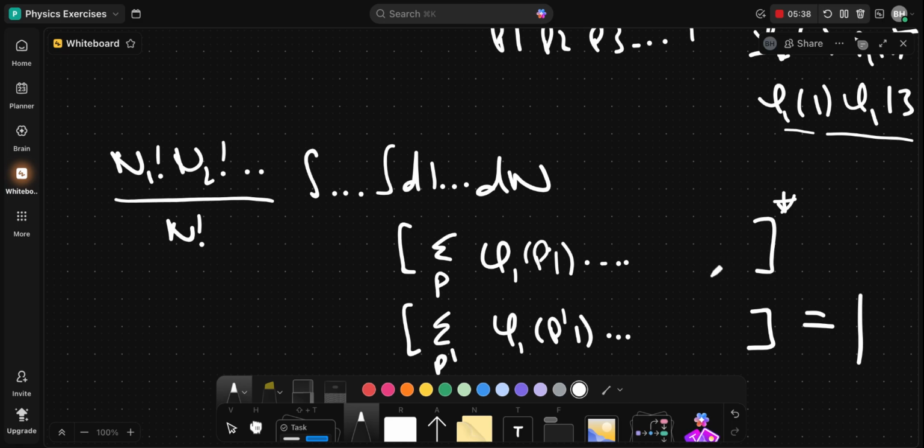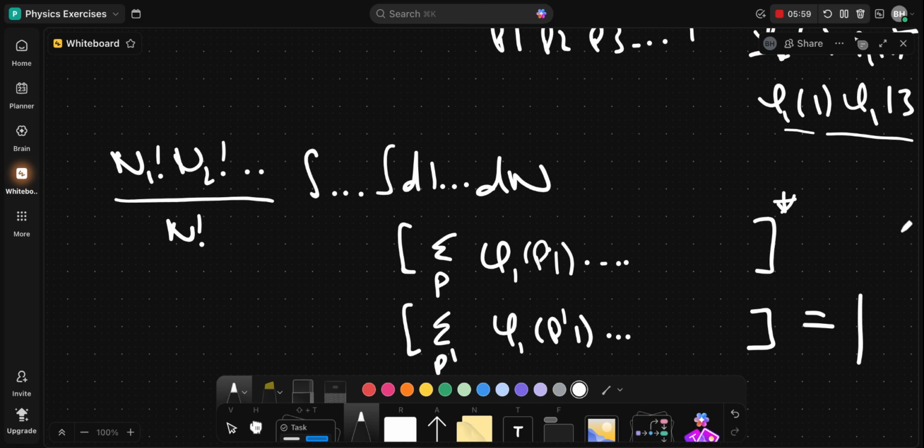So we saw there that if I do this integral, then these two sums reduce to one sum, because these are distinct permutations, only the same permutations give a contribution of 1. When you do cross terms, you get 0.